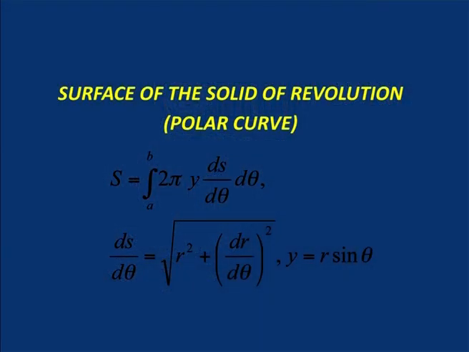Similarly, the surface of solid of revolution in polar curve is given by S is equal to integral from alpha to beta 2 pi y (ds upon d theta) d theta, where ds upon d theta is equal to root r square plus (dr upon d theta) whole square, and y is equal to r sin theta in the polar form.